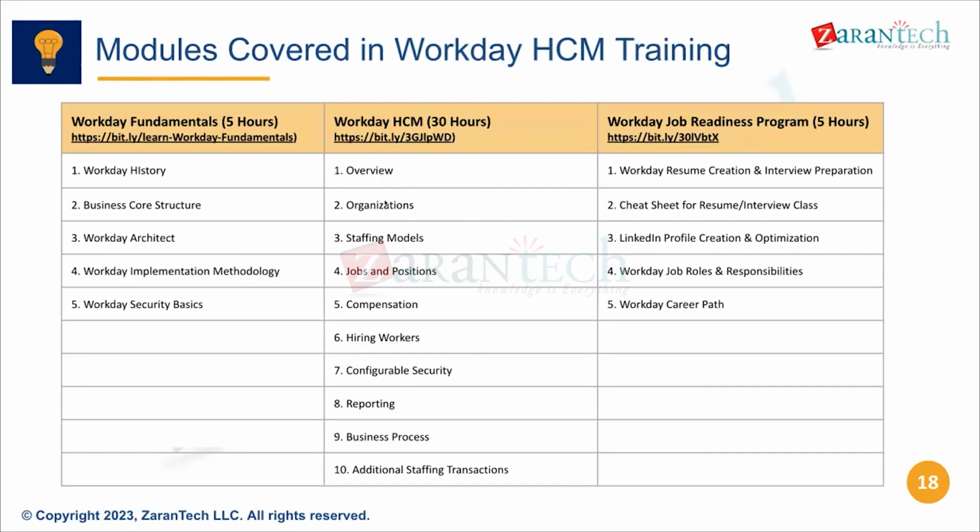So these organizations, staffing models, jobs and positions, compensation, business process, and configurable security are the 6 core pillars of the HCM system. If you can master these, you're literally golden in any market of the Workday ecosystem. And we'll train you to be golden in that market.